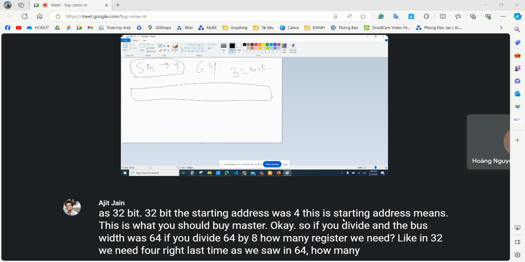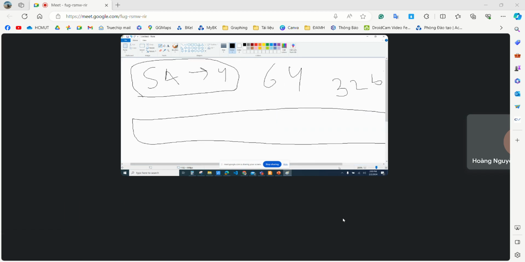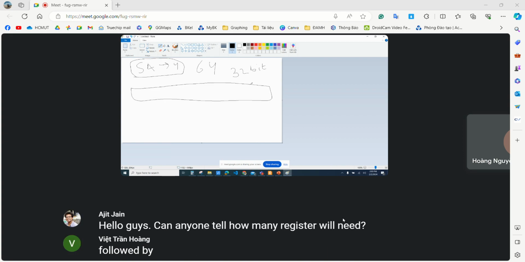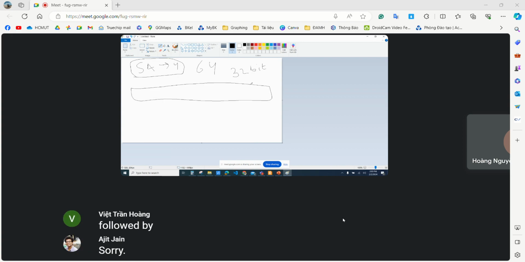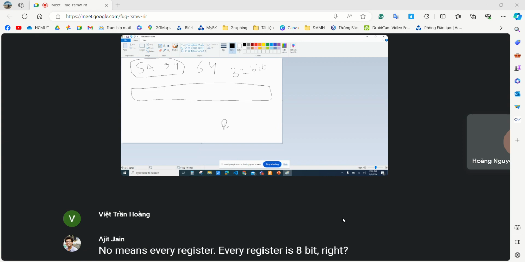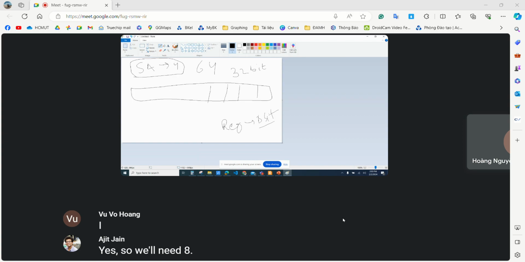In 64 how many will be needed? Every register is of 8 bits, right? So we'll need 8 registers.